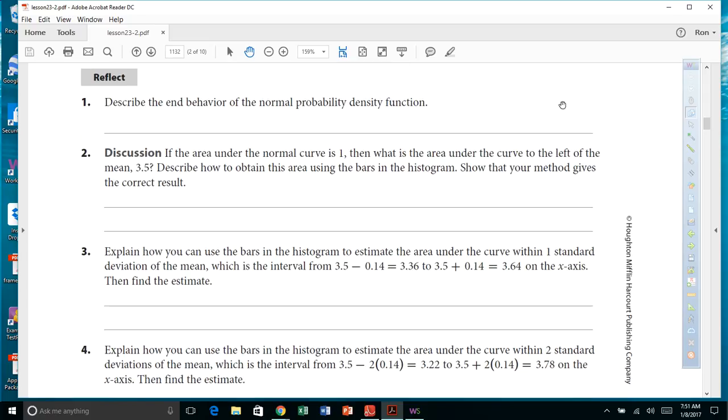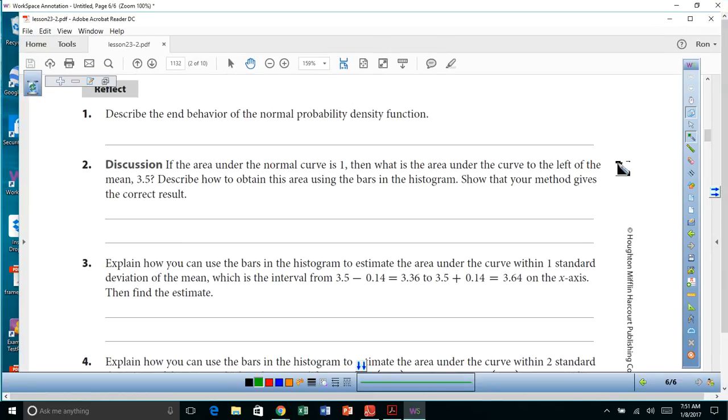Describe the end behavior of the normal probability density function.